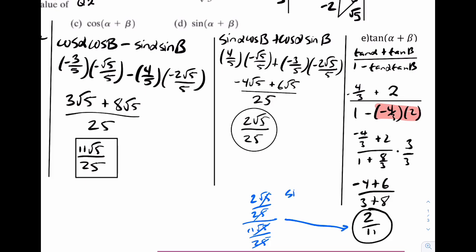That's because of the identity: sine of theta over cosine theta gives you tan theta, and theta could be anything. So in this case, we're just saying sine of alpha plus beta over cosine of alpha plus beta. That does give you tan theta, or tan of alpha plus beta.